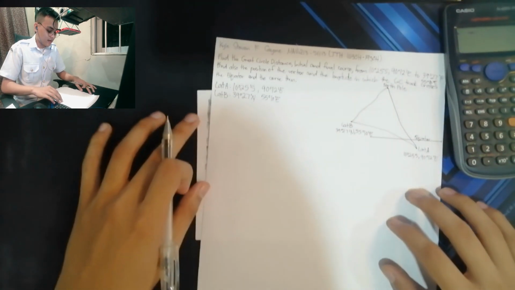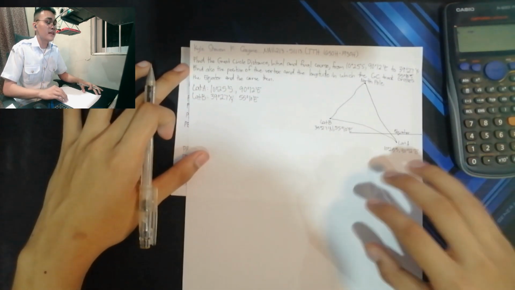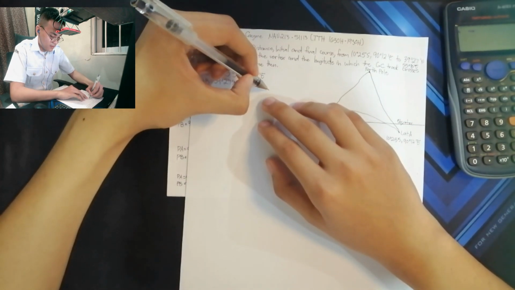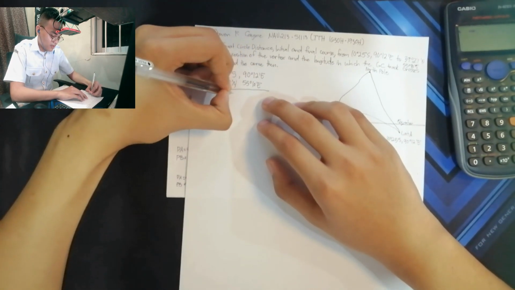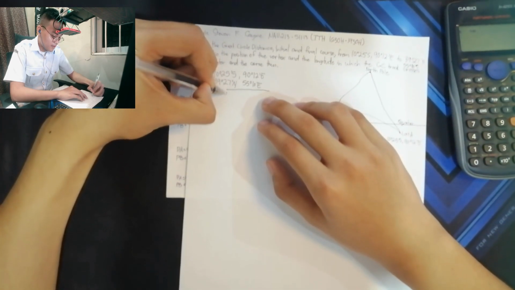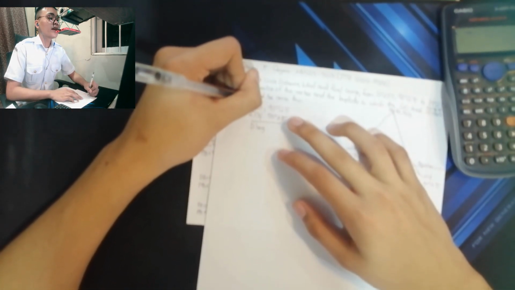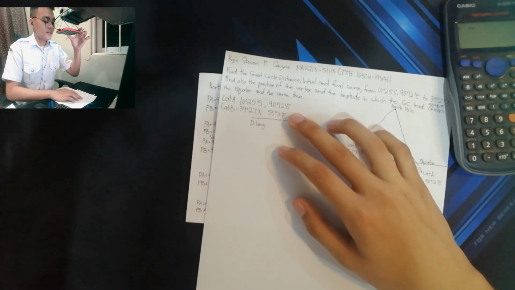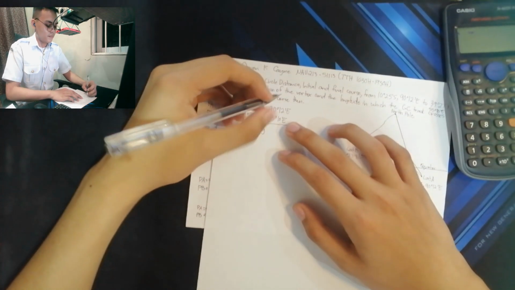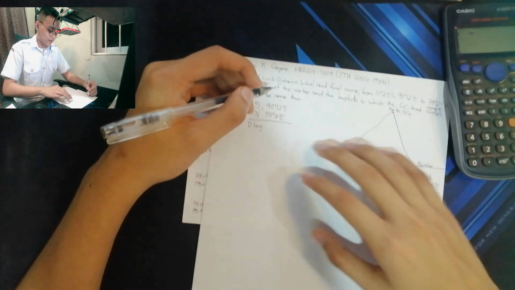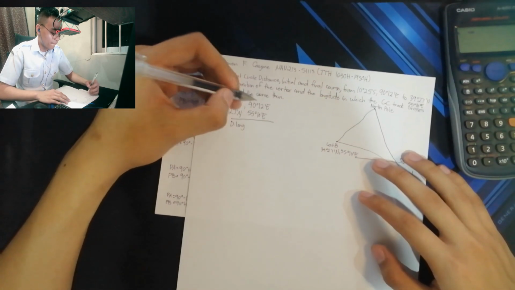Let's proceed. I will be finding your D long. So here, D long. We have our longitude A and longitude B here. Since we have the same signs, we're going to subtract to get our D long.